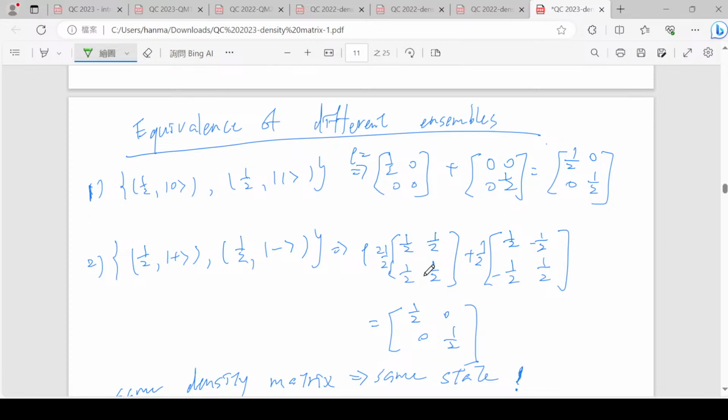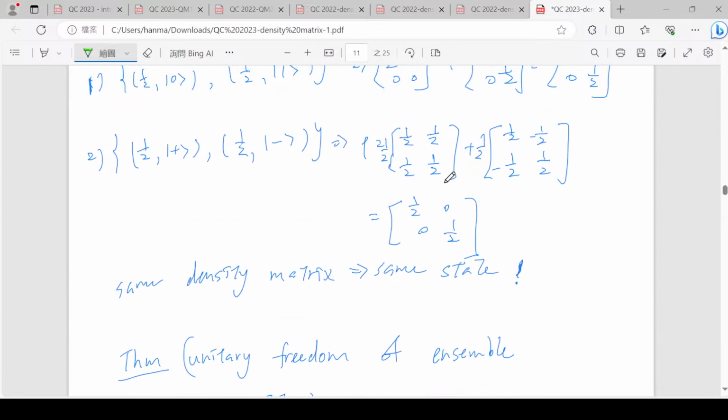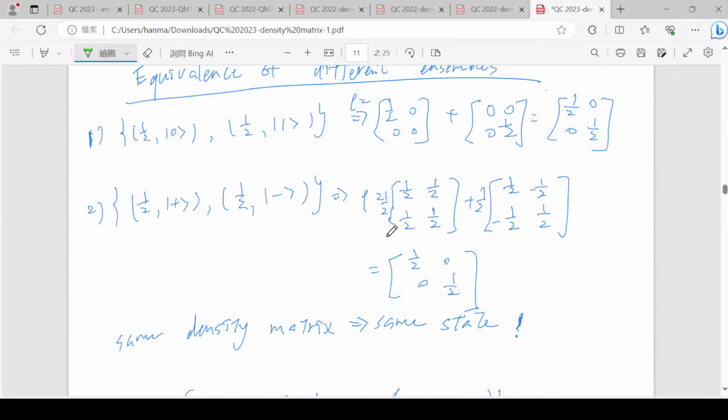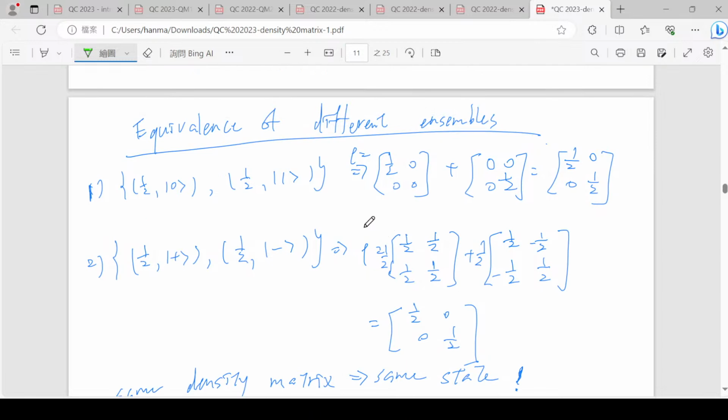So as we claimed before, the equal mixture of 0 and 1 and the equal mixture of plus and minus are the same density matrix. So the correspondence between density matrix and ensemble is not actually one-to-one. It's, I guess, many to one. Many different ensembles can give you the same density matrix.